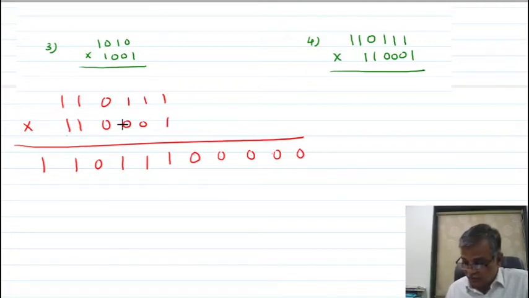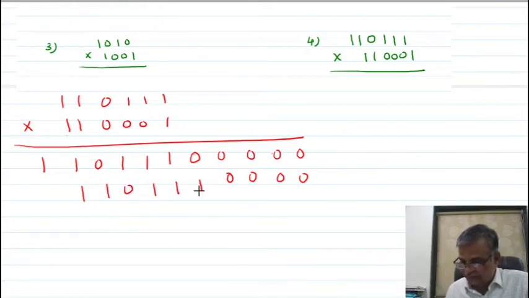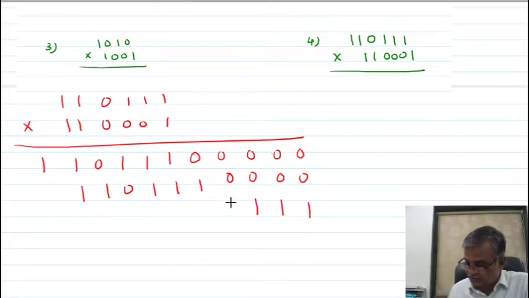Now 1 2 3 4, 1 2 3 4. Again I can write 1 1 0 1 1 1. No need to write for this, otherwise you will be more confused. So last I can write this is 1 1 1 0 1 1.